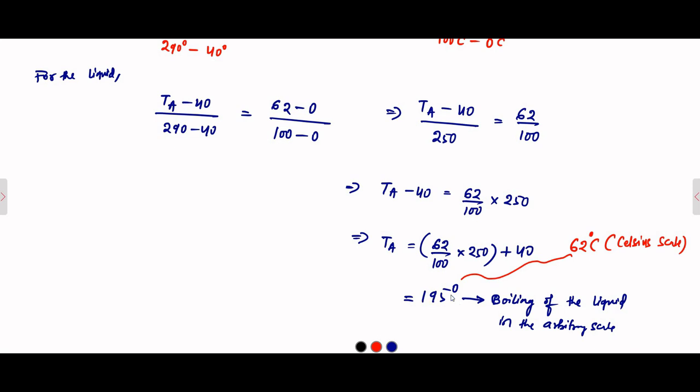So simply 195 degree. So the same liquid whose boiling point is 62 degrees Celsius is 195 degree in this arbitrary scale. Same concept of interconversion from one temperature to another temperature, and this formula is very important.